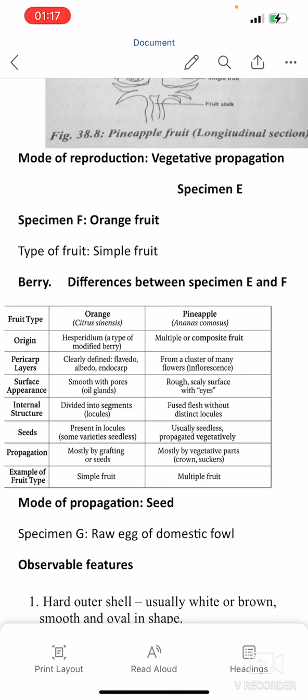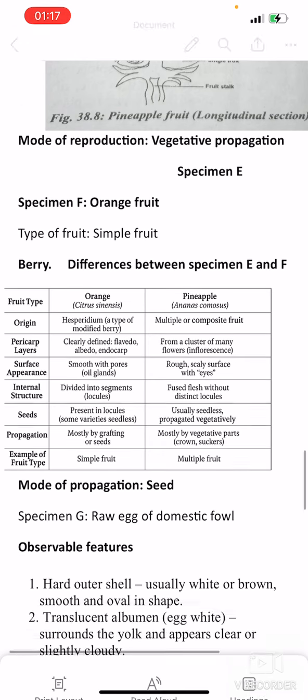You can see the mode of propagation, that the orange is propagated by seed, mostly seed or grafting, while pineapple is vegetative propagation. So you can just look at it, presence of seeds and absence of seed. Just look at the difference. You can screenshot it for that one.